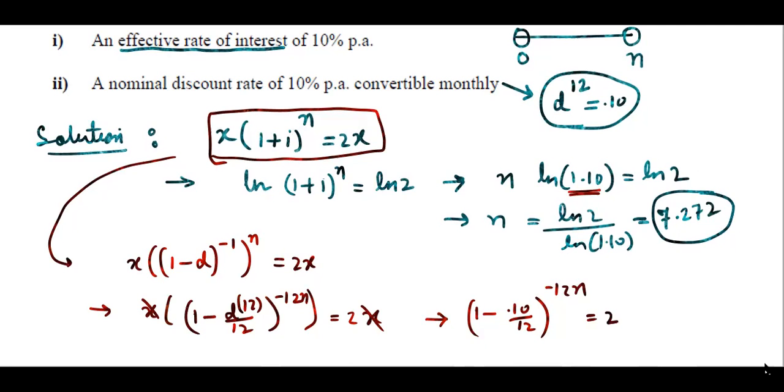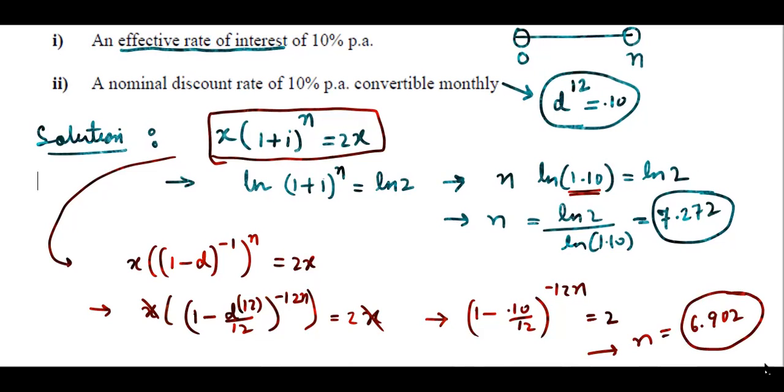You can use a calculator. You will get minus 12n value. Then if you divide it by minus 12, you will get the answer. 6.902 years. So it takes less years here.